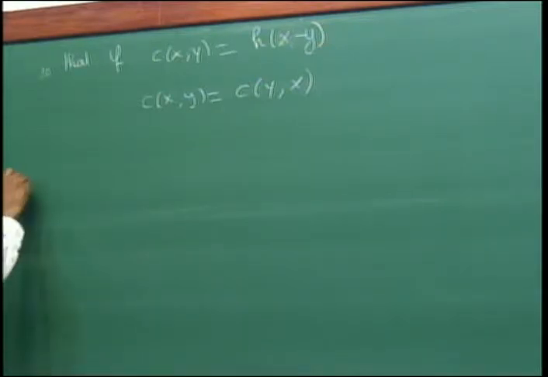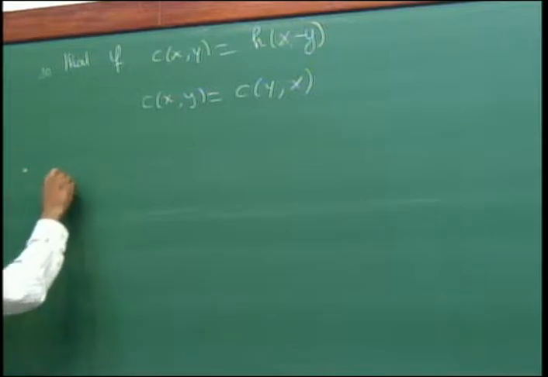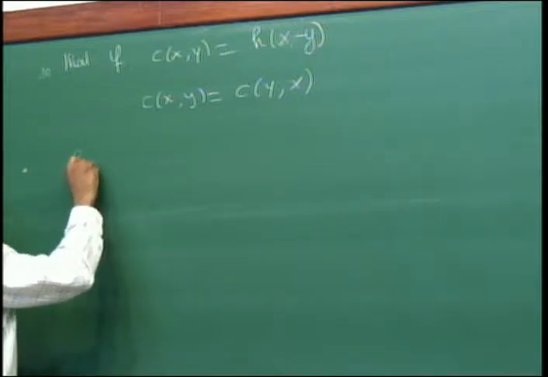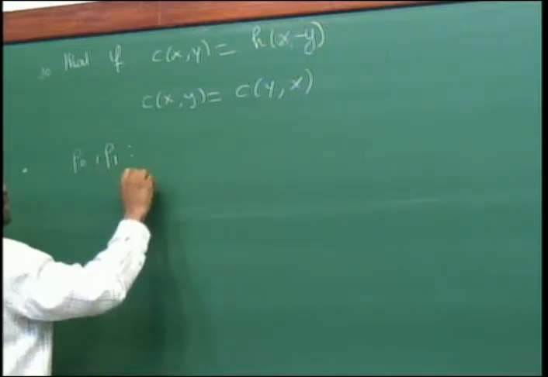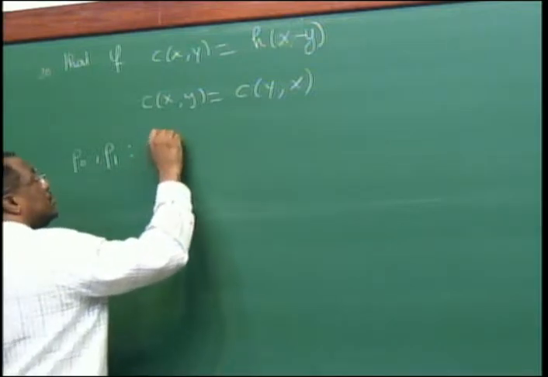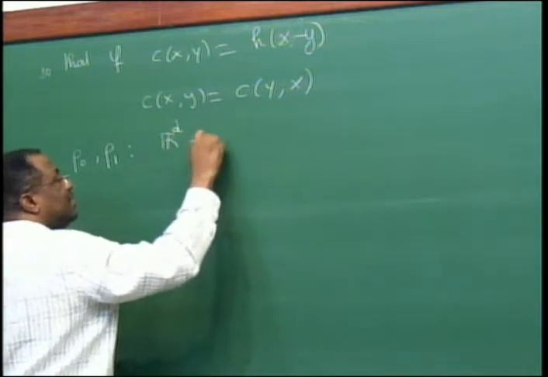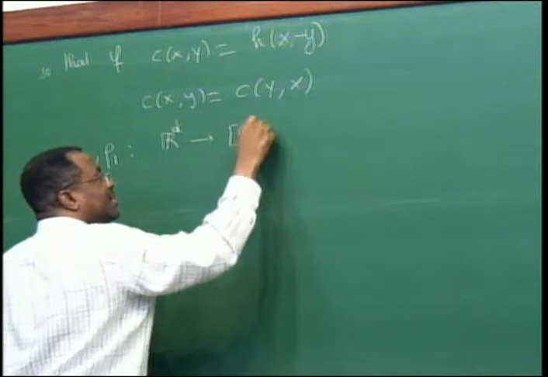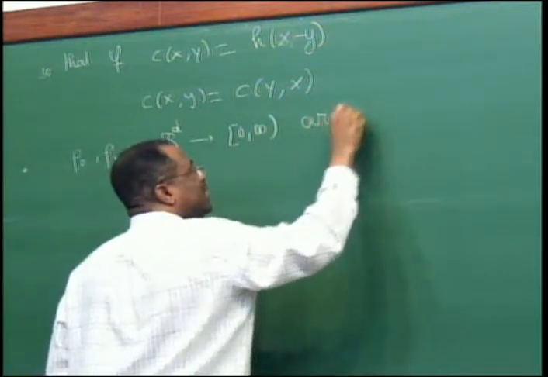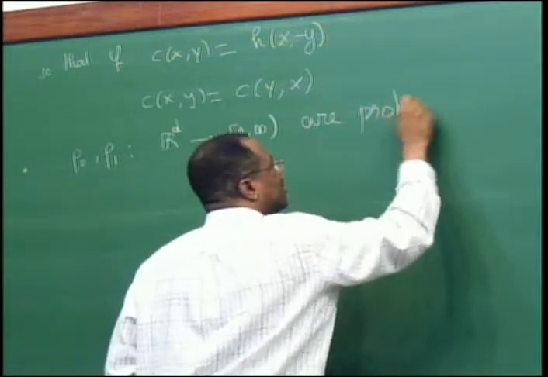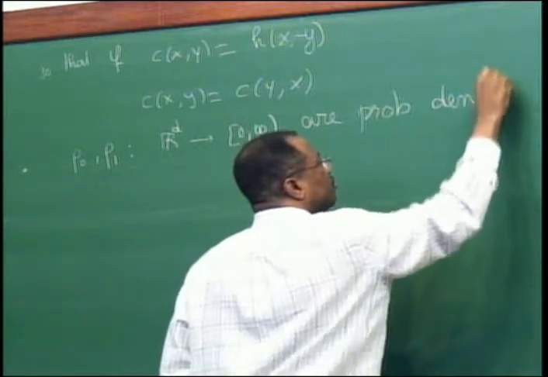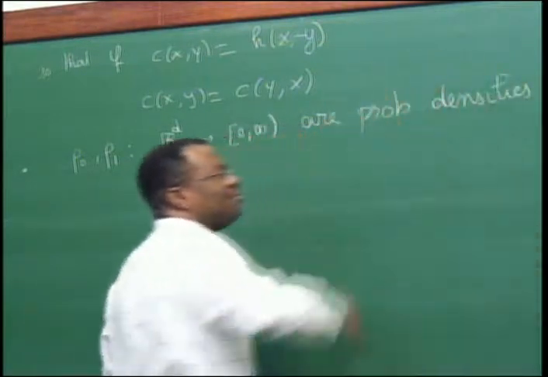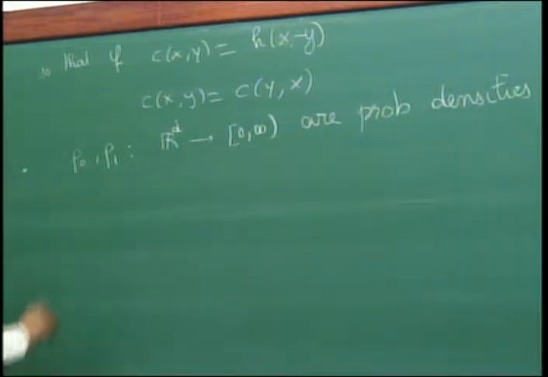So another thing we assume is that rho naught, rho 1, from R^d to [0, infinity), are probability densities, which means that the integral is 1.